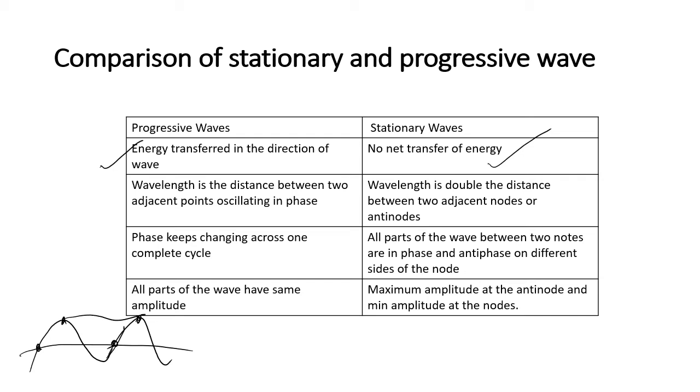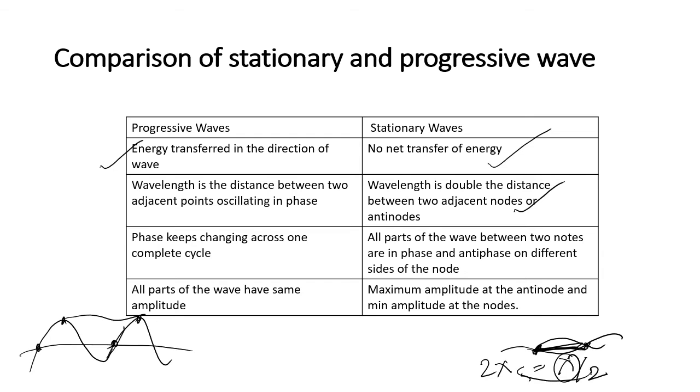But in the case of stationary waves, what did we say? The distance between two nodes or two antinodes is lambda over 2, right? So what is wavelength? You take the 2 to the other side, it becomes twice, isn't it? Wavelength is double the distance between two adjacent nodes or antinodes.